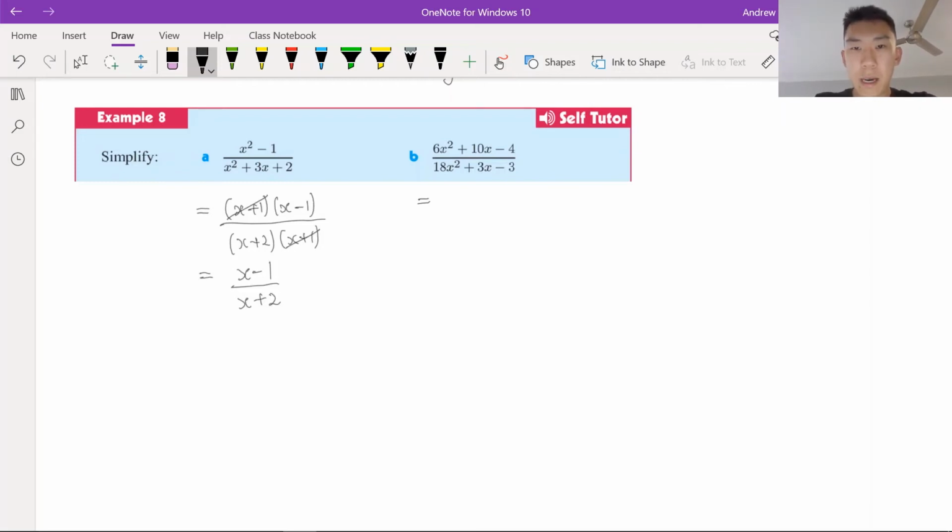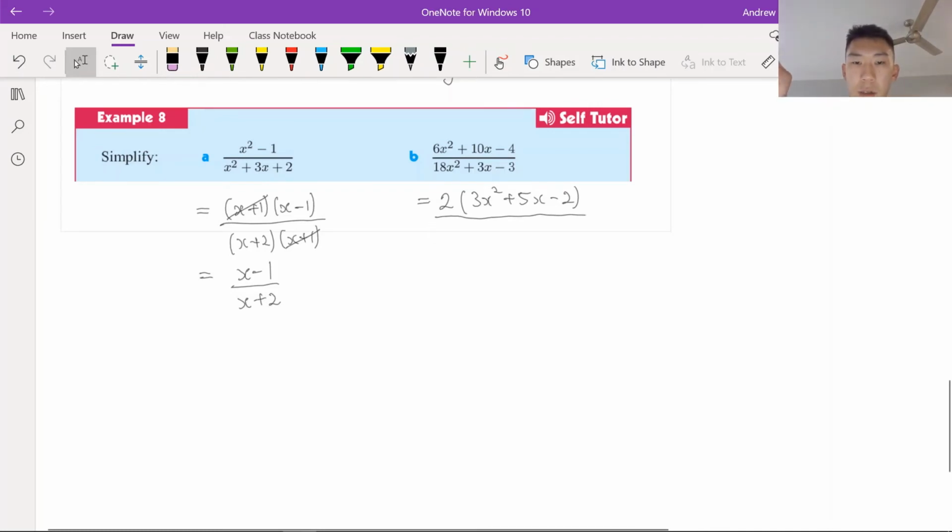Always look for common factors first before you try to apply factorizing quadratics or whatnot. So the numerator has a common factor of 2. We have 3x squared plus 5x minus 2.